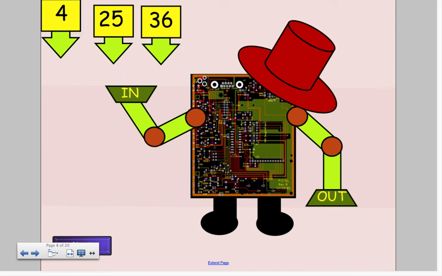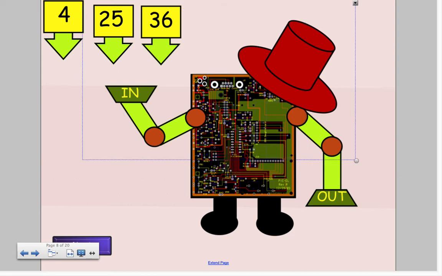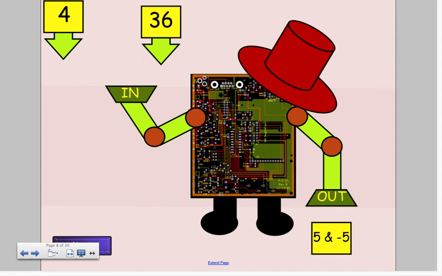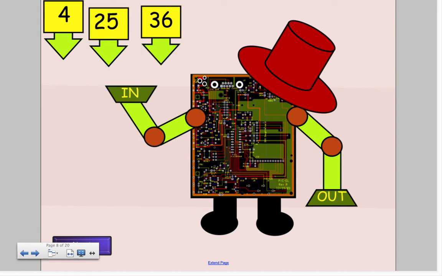Okay, so if you guys put that down, so 4 is 2 and negative 2, 25. When we put 25 in, it's 5 and negative 5. And then 36, when you put that in, somebody maybe can figure out the pattern, is 6 and negative 6.